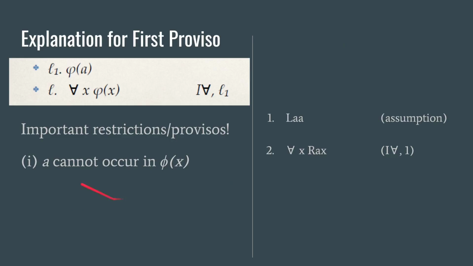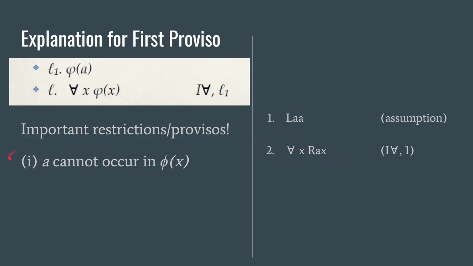The first proviso rules out derivations like this one. We know that this is a false derivation. What's happened here? This says something like, let's say Anne loves herself. Anne loves Anne. Knowing that Anne loves herself doesn't allow you to say that Anne loves everyone, which is what this says, right?